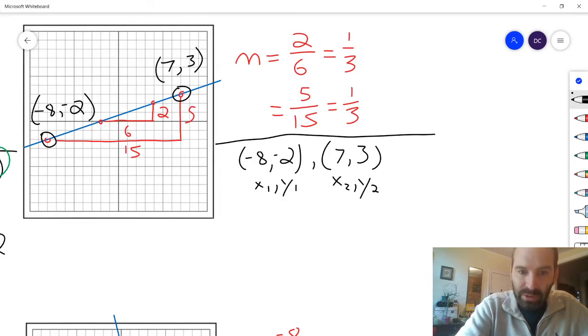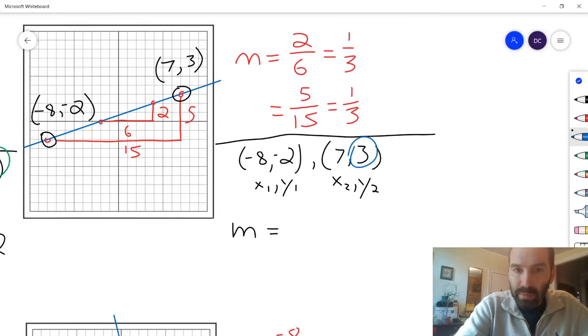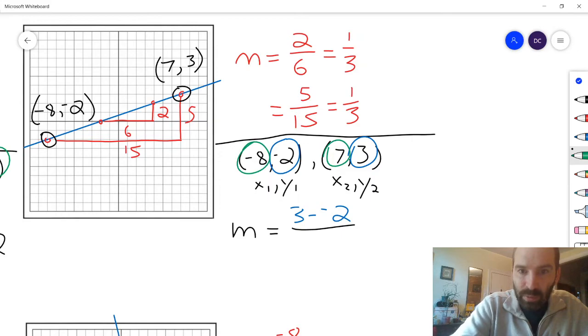So when I compute the slope, I'm going to use my formula. It's going to be in the numerator y2 minus y1, so 3 minus negative 2, and in the denominator, it's going to be x2 minus x1, so 7 minus negative 8.